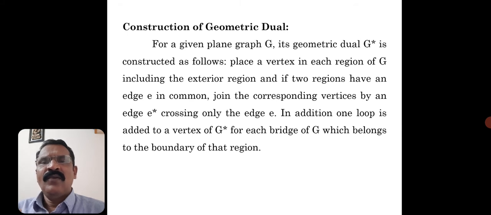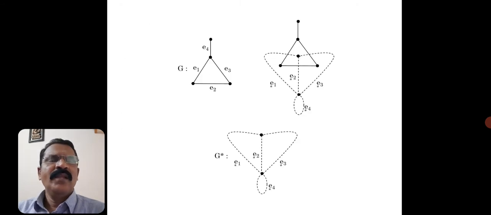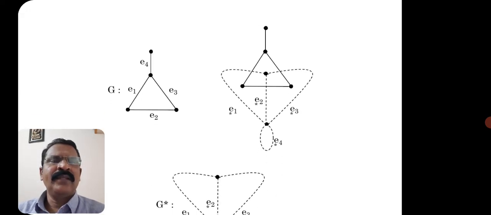So for the vertex representing the exterior face, you have to add one loop, for each bridge of G which belongs to the boundary of the region. Usually the exterior region, even the interior region you can take, it doesn't matter. So this is one example of how to construct the geometrical dual of the graph.